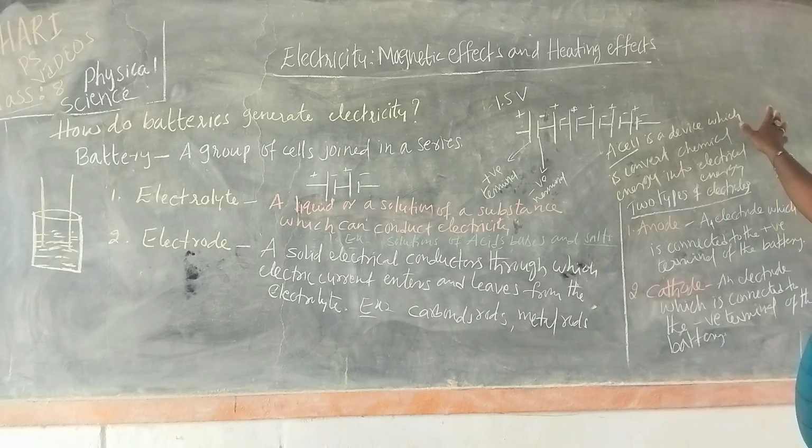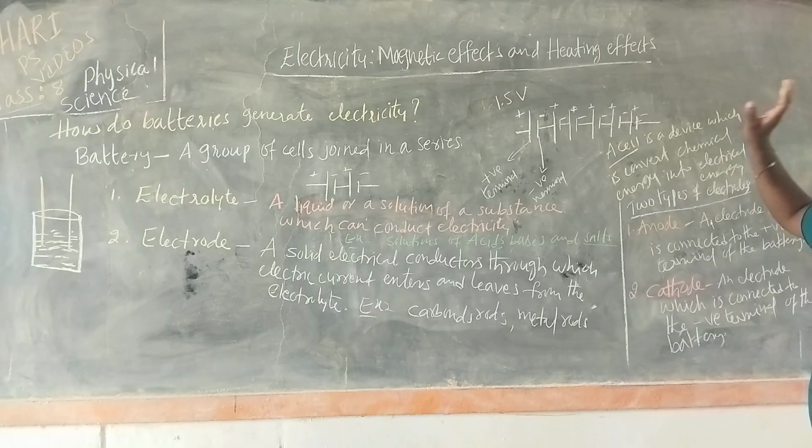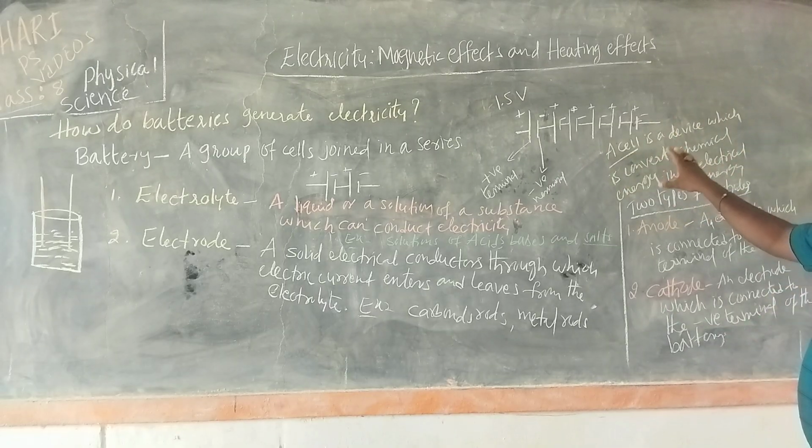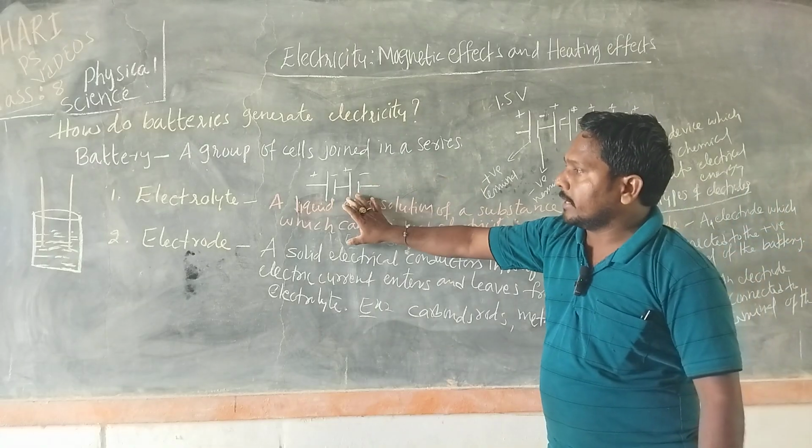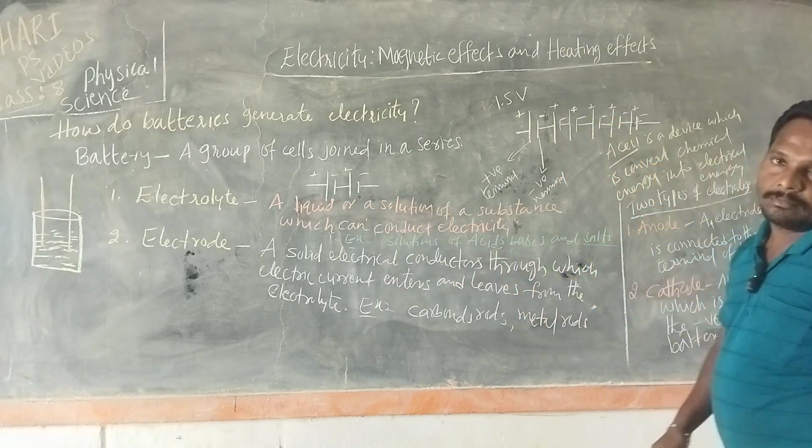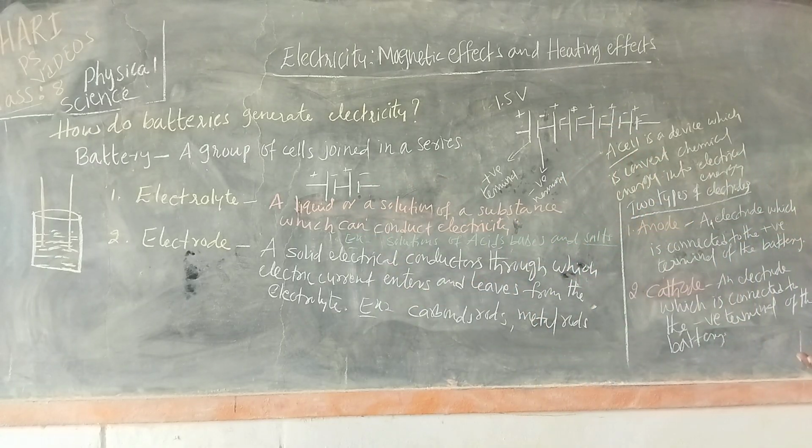Then let us discuss the Voltaic cell. The cell is a device which converts chemical energy into electrical energy. A cell contains these three: electrolyte, electrode, and also some kind of container.